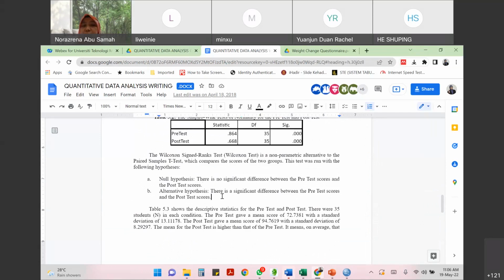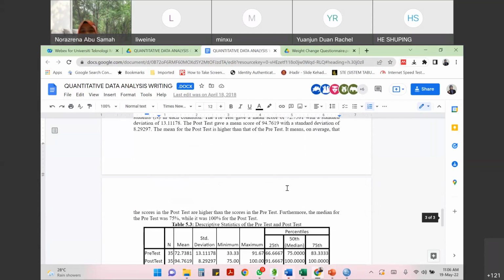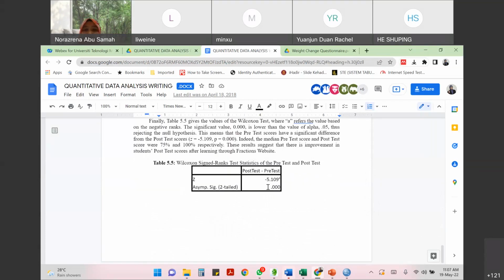If above, or greater than 0.05, then no significant difference. If less than 0.05, then it is below, then it has significant difference. That's how you interpret. I hope you can understand this.